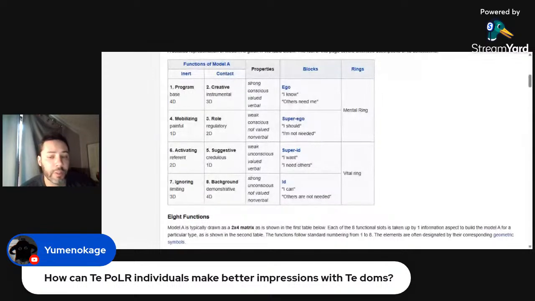Now, what can help is when both people involved are aware. So you have a TE Dom with someone who's TE polar, and they're both aware of who they are. They're aware of where they stand. And now they can learn to work around that. They can learn to see things from the other person's point of view. The TE Dom can go, you know what, there's no point in slamming you constantly for not using TE. I know that you don't use the damn thing.